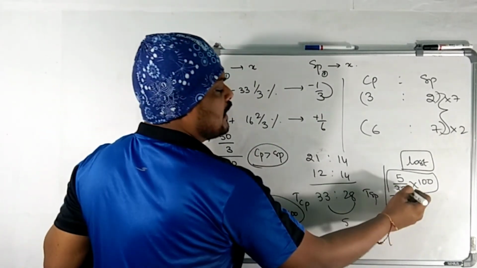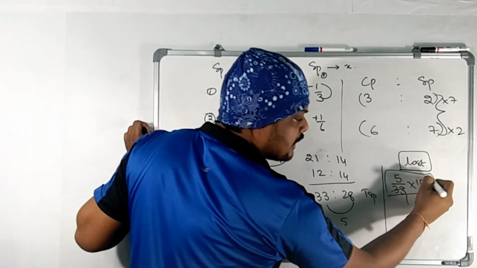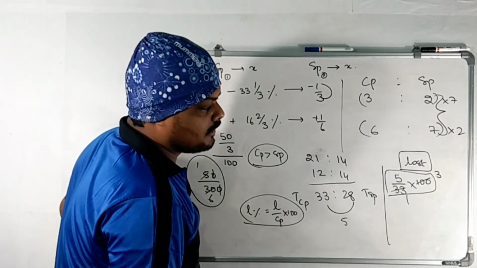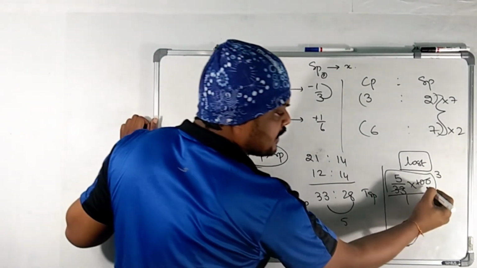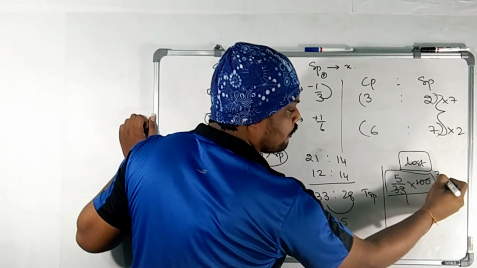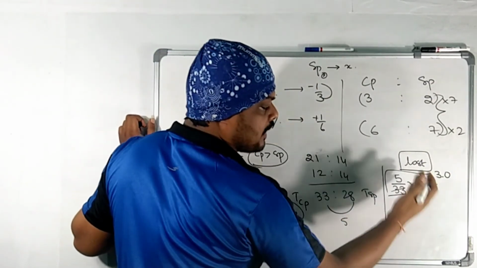Let us calculate. 33 threes are 99, and we get 1, and if we take 0 it becomes 100 again.